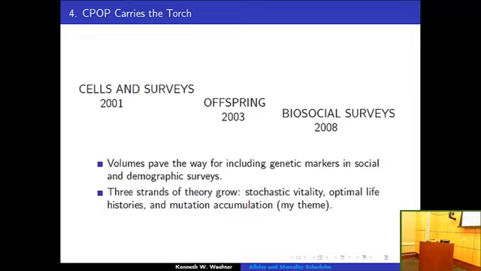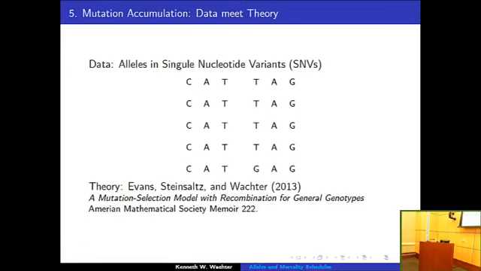Turning to slide 5, of these three directions of theory, it's this third one, mutation accumulation, that is explicitly connected to alleles in the genome, specifically to alleles called single nucleotide variants. What's a single nucleotide variant, or SNV? Many of you know, but I have a little game for explaining it. In any stretch of DNA, different ones of us have mostly the same letters. You can see them there.